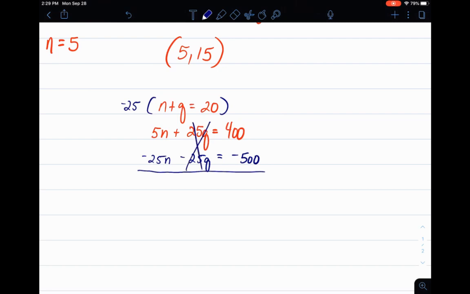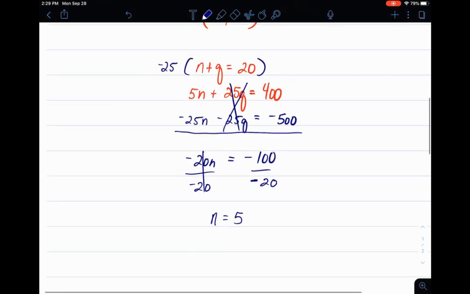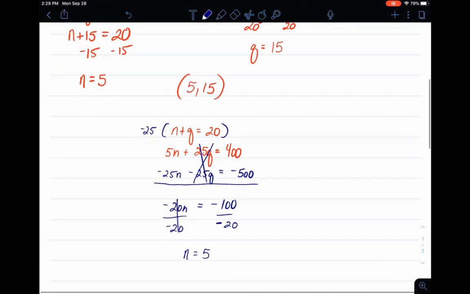So these will cancel. We end up with negative 20n equals negative 100. Then we'll divide by negative 20. What is negative 100 divided by negative 20? Okay, so we end up with the same n value, either way that we do it. So the two people in here could be doing the same problem, multiply by different things, take a different route, get the same answer. Okay, just depends on kind of what route you take.